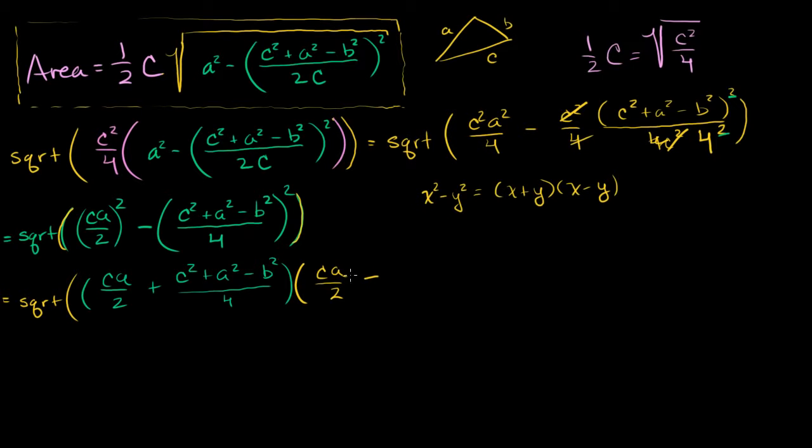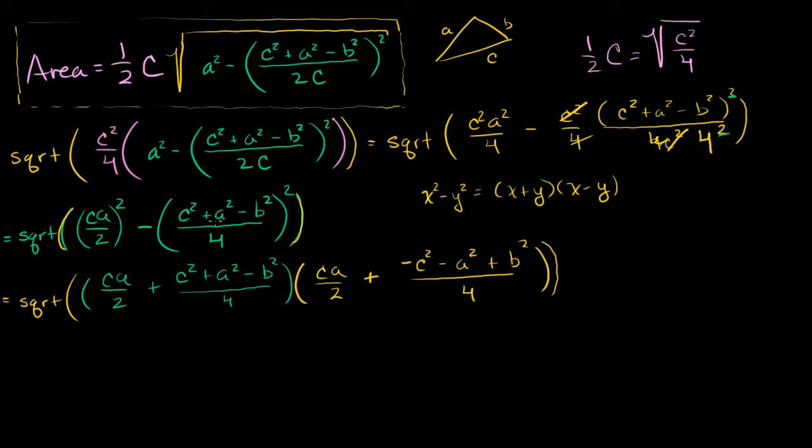Or even better, let me just say plus, and then let me just write the negative. So plus minus c squared minus a squared plus b squared, all of that over 4. So all I did here, as I said, this is the same thing as this plus this, times this minus this.